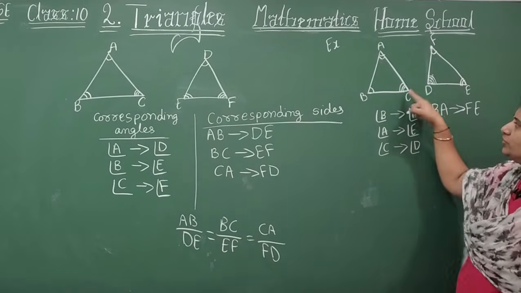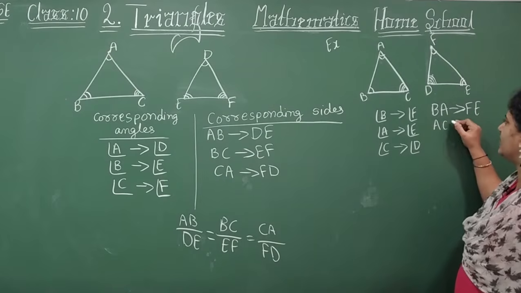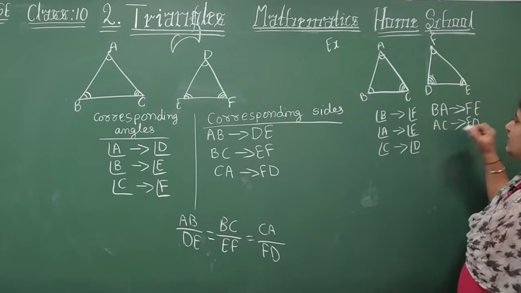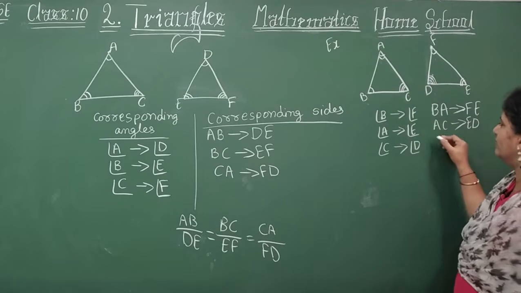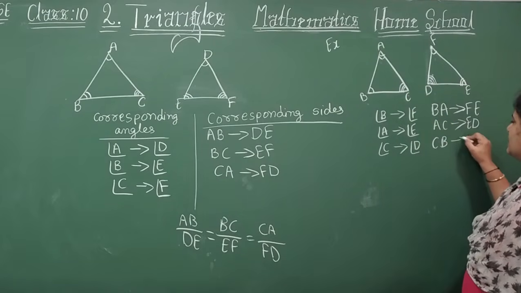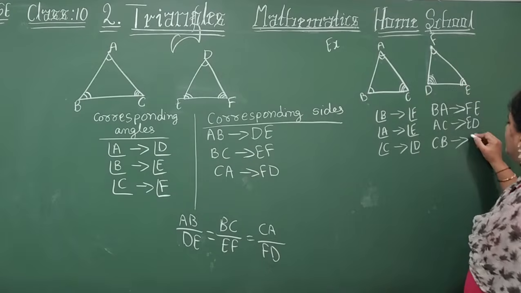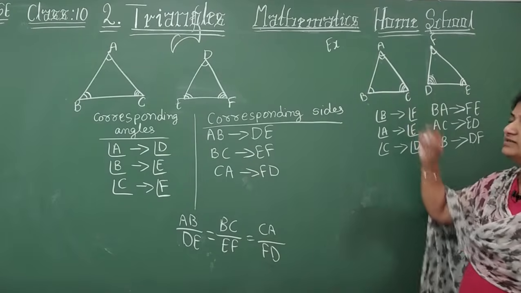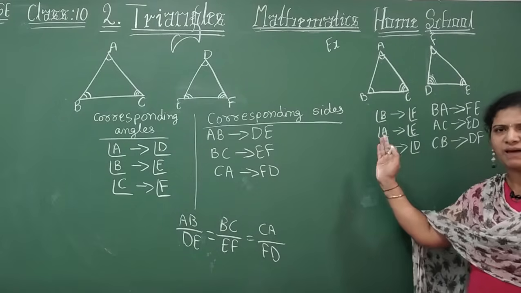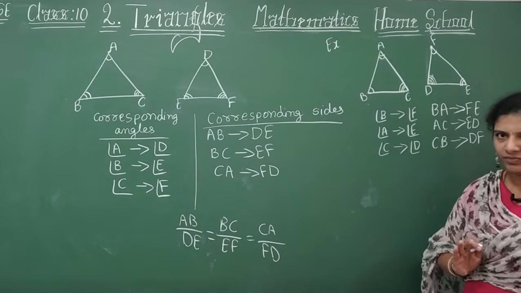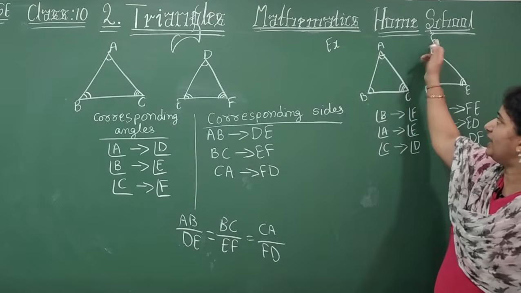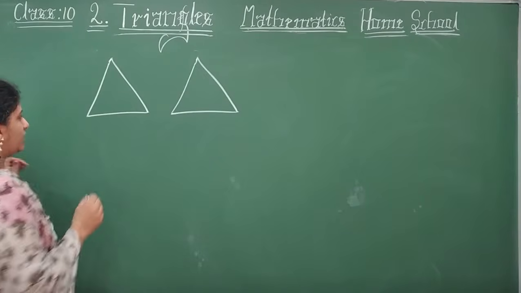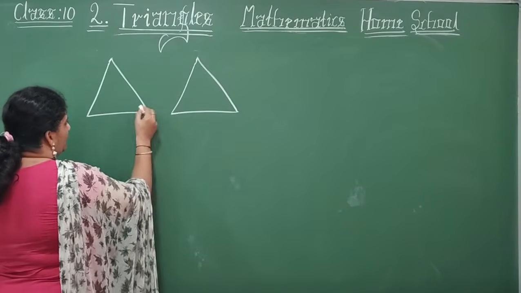And here 2, 3: AC is corresponding to ED. And again 3, 1: CB is corresponding to DF. See here, children, when your angles are mentioned like this, in this pattern only you need to compare. Don't compare angle A with angle F, angle B with angle D, angle C with angle E.